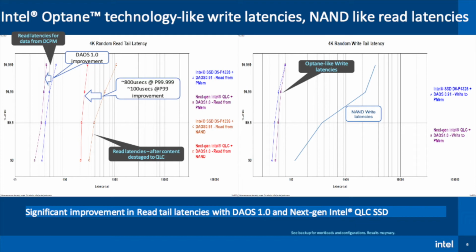What tail latencies tell you is that for, let's say, 1 in 1,000 I/O at three nines of latency, you're going to see this kind of latency. For example, if you're accessing web pages, let's say you have 1,000 users who are accessing your website, 1 in 1,000 people accessing your website is going to experience this kind of latency.